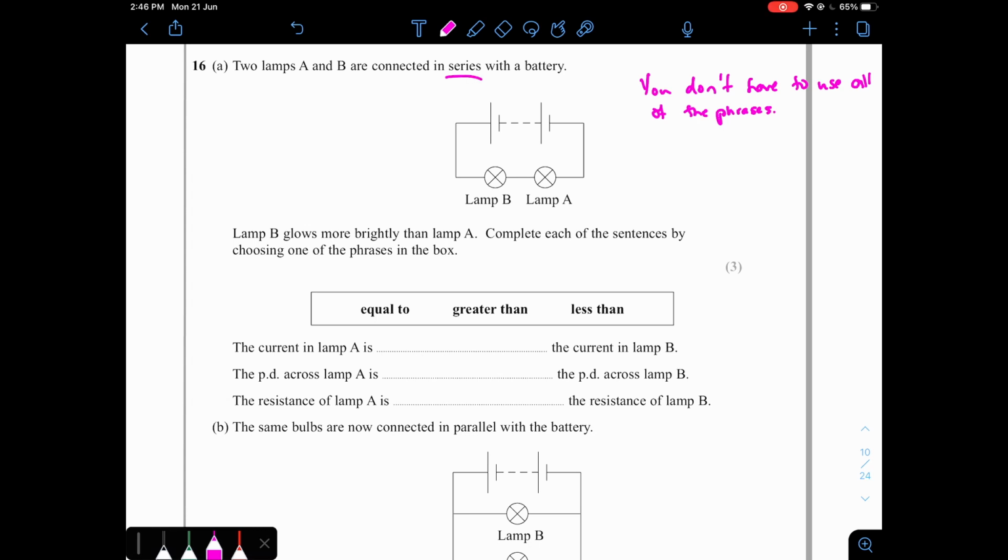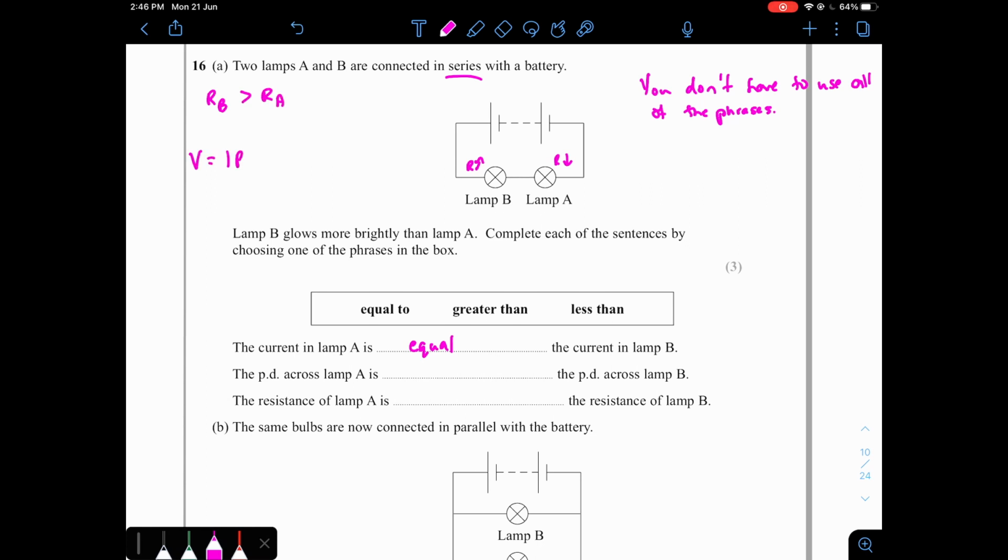So the current must be equal. They're the same, equal. Now lamp B glows more brightly. Now what does that mean? That means this resistance is higher than this resistance. So I'll write RB is greater than RA.